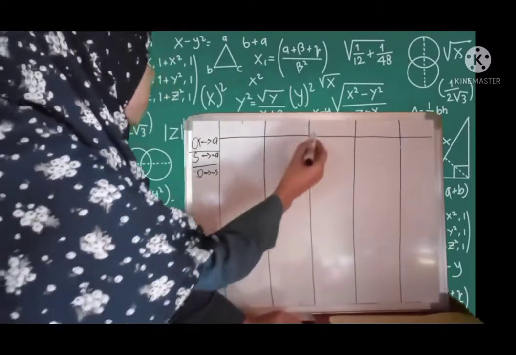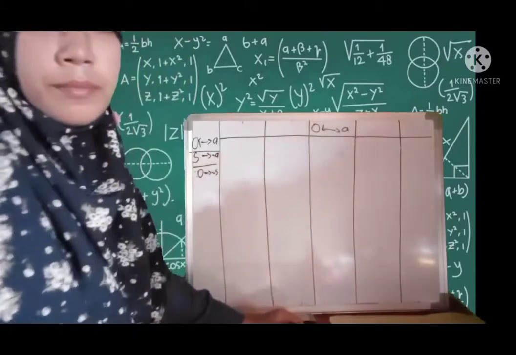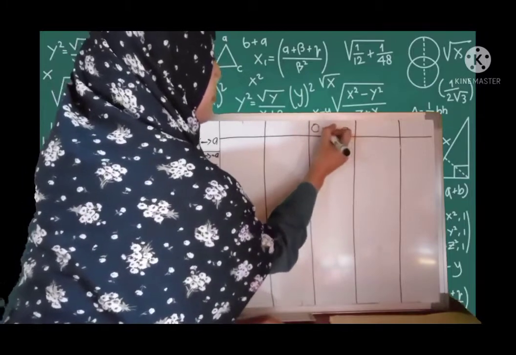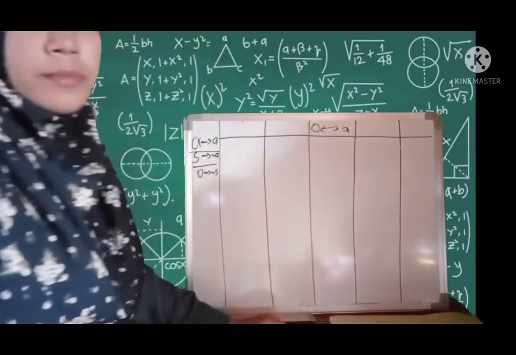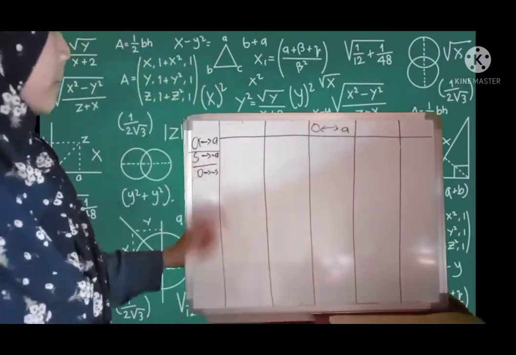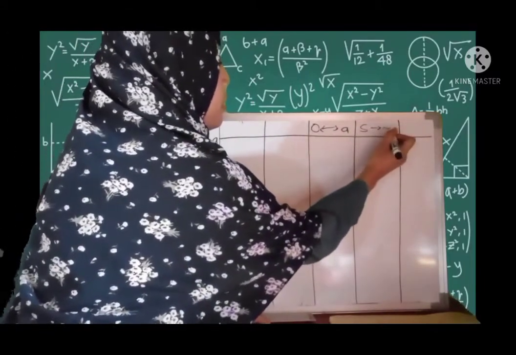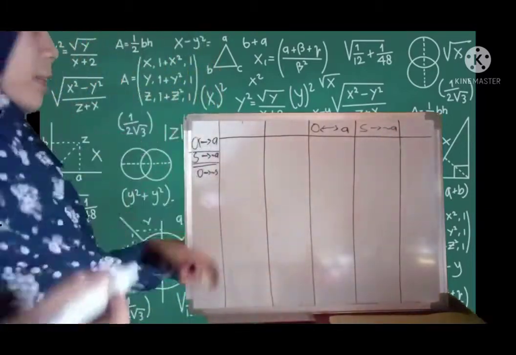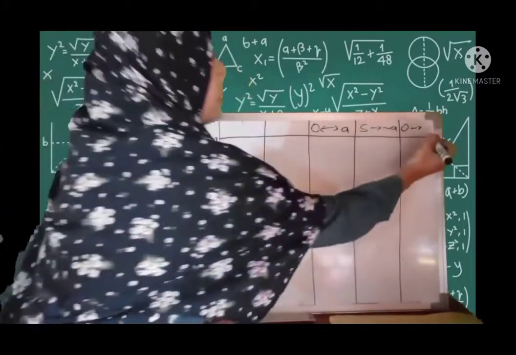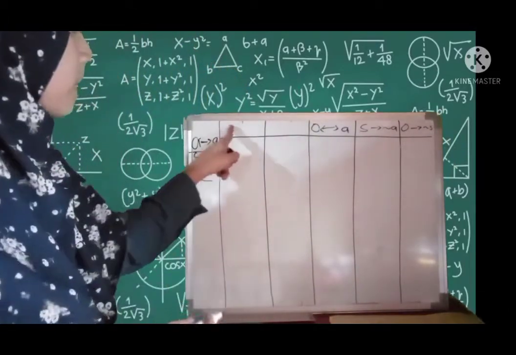Yung first statement natin dito ay O, if and only if A. So, sa second statement naman, ang isulat naman natin dito ay S, if, negation, A. And the conclusion naman ay O, if, and negation, S. So, isulat na natin dito yung mga statement na ginamit natin.